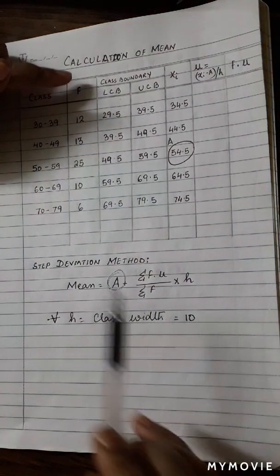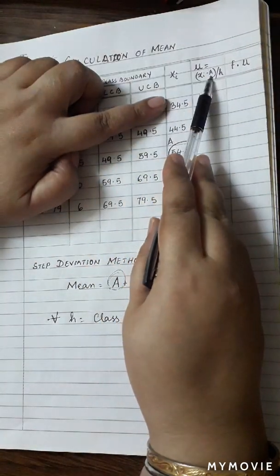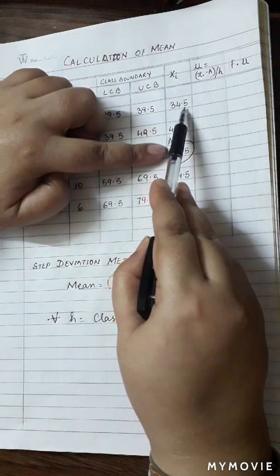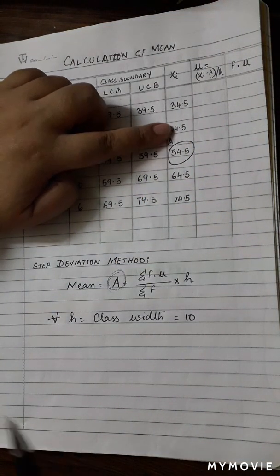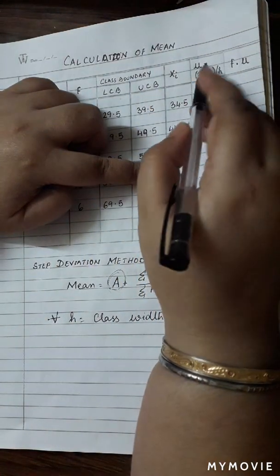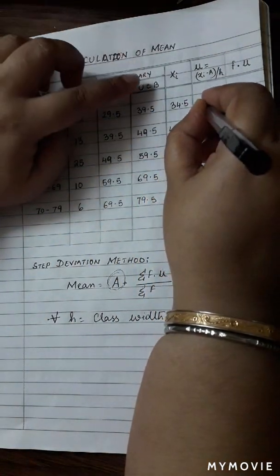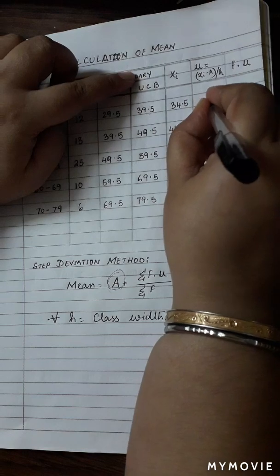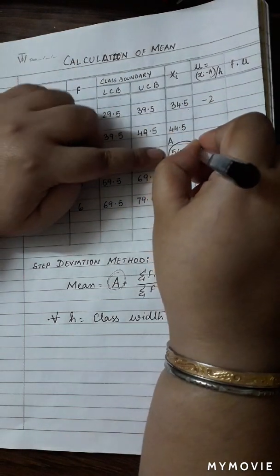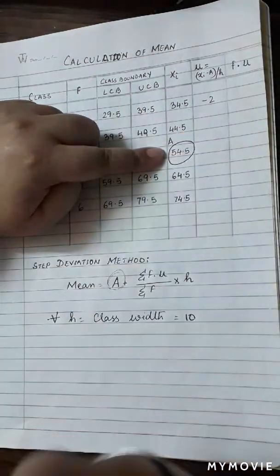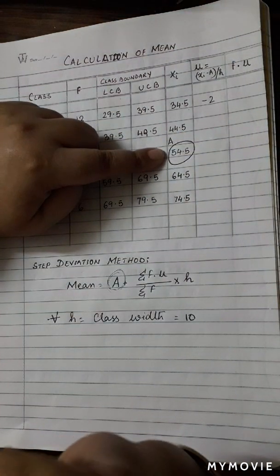So x minus a, 34.5 minus 54.5, is minus 20, divided by 10 giving minus 2.